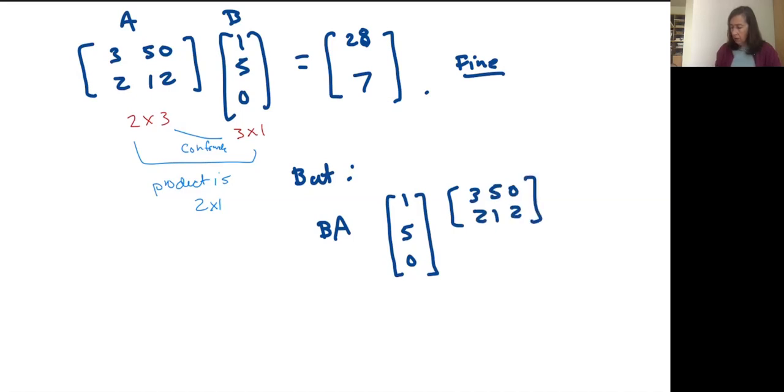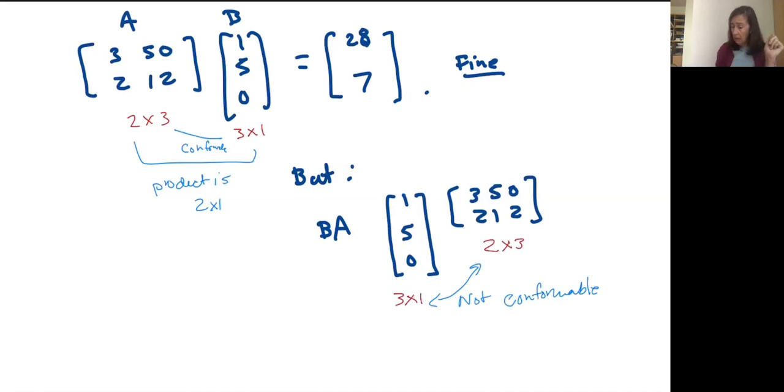Let's do our same thing. The B is still 3 by 1, and A is still 2 by 3. But now these are not the same. So even though AB was fine, we could do that product, we can't switch the order.